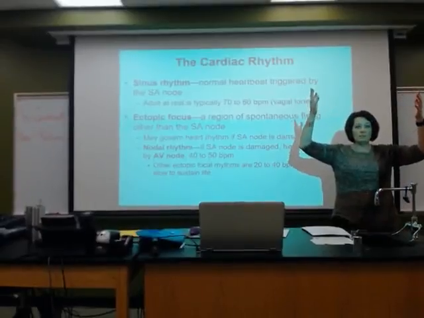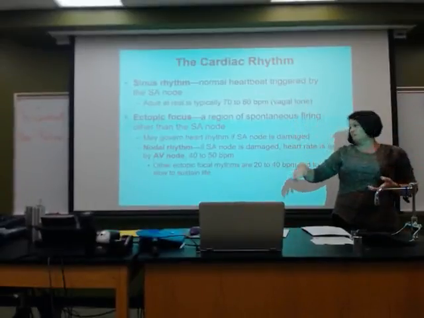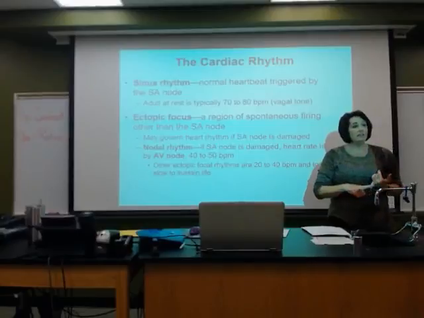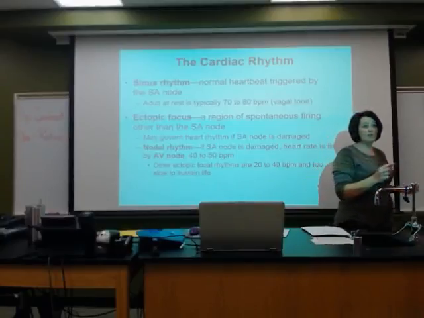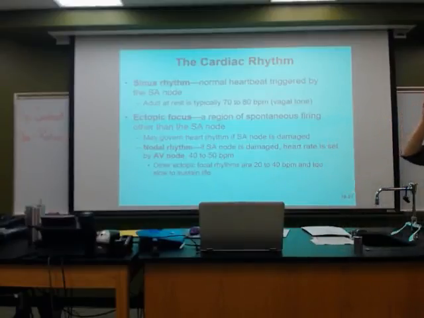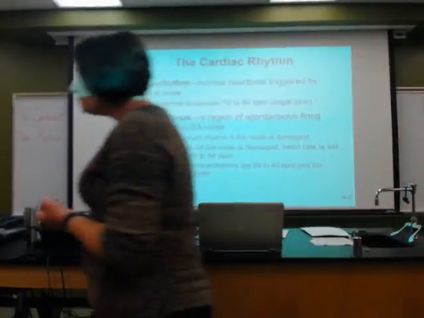Are you following me? If you have something, maybe the AV node, that's going to be the pacemaker because something's wrong with the SA node, well, that's an ectopic focus. Something that starts the beating of the heart, other than the SA node, is an ectopic focus.